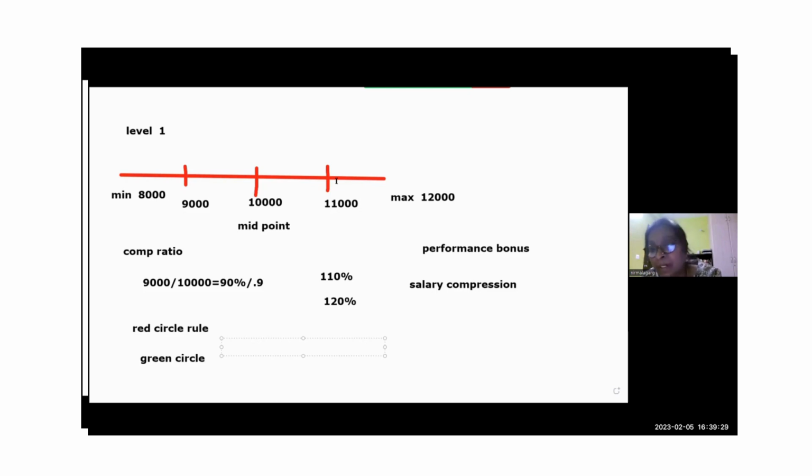The reason is that you are already at a higher comp, so I want to bring parity. Both of you are doing the same job. So you will get a lesser proportion of increment and this guy will get a little more, because you were hired maybe recently at a higher base salary, but this guy was taken at a lower base because at that point of time, the market was paying very less.